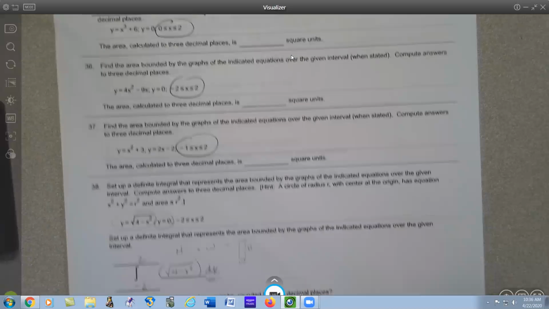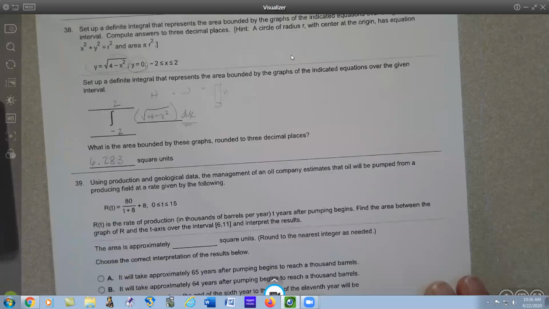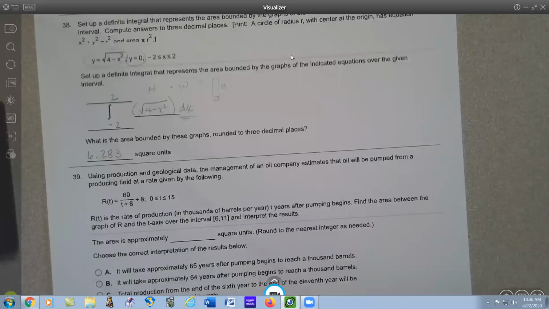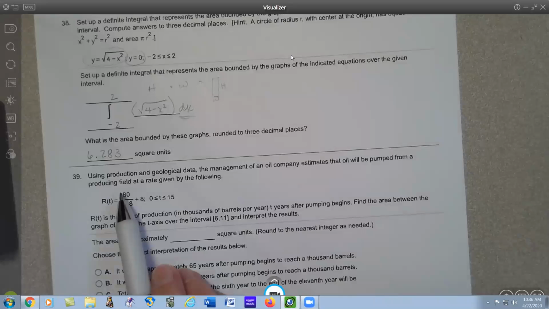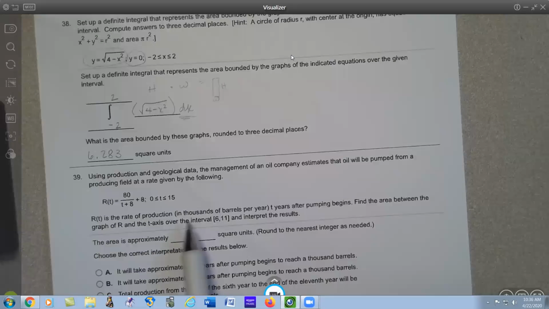So using production and geological data, the management of an oil company estimates oil will be pumped from a producing field at a rate given by the following. And this function is true from 0 to 15. R of T is the rate of production in thousands of barrels per year, T years after pumping begins. Find the area between the graph of R and the T axis, your x-axis, over the interval from 6 to 11.